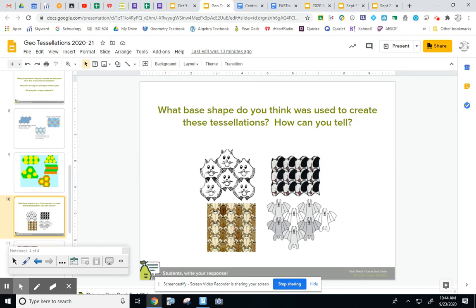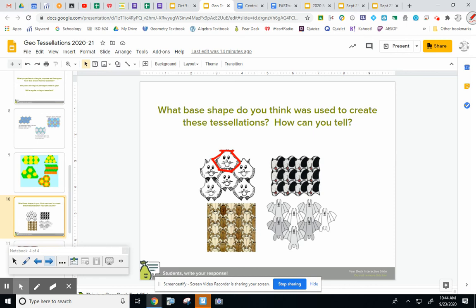So looking at these figures, thinking about, well, what's the base used to create these tessellations? So we'll start with like the cat-like thing up here. Okay, looking at it, what would be the base? Would it be a triangle? Would it be a square or a hexagon? Hopefully you noticed that it kind of looks like a hexagon there, right?